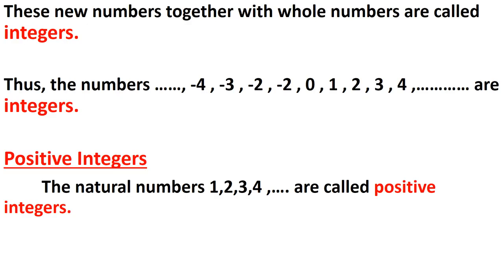Integers are of two types, positive integers and negative integers. So what are positive integers? The natural numbers 1, 2, 3, 4 are called positive integers.